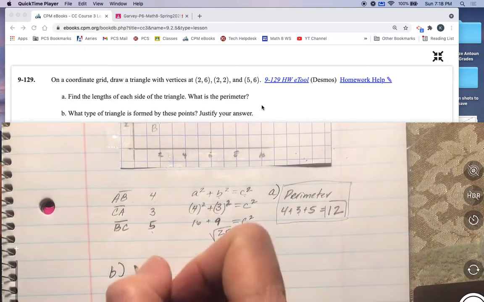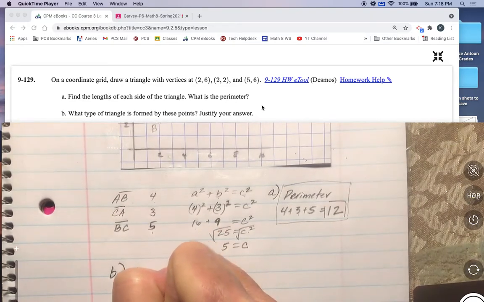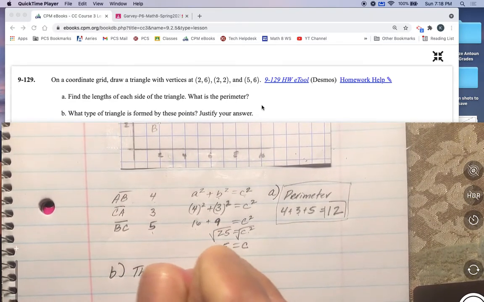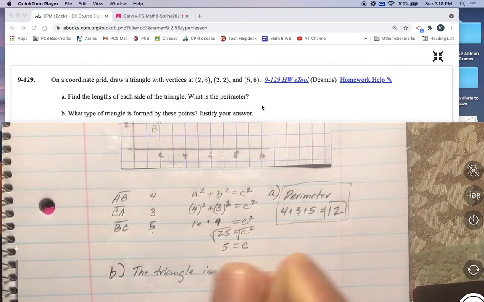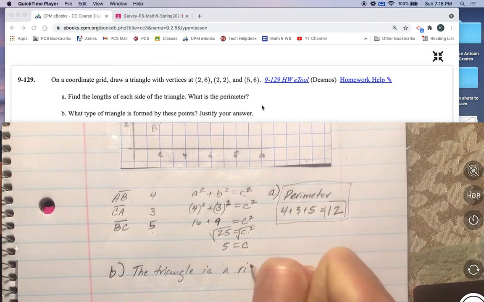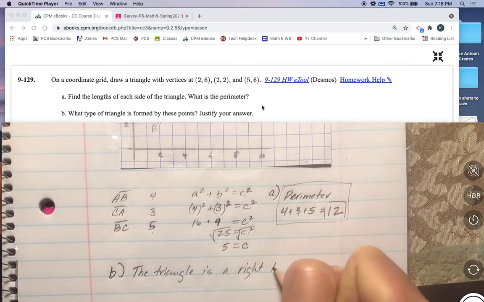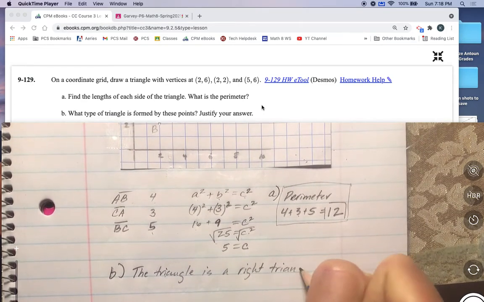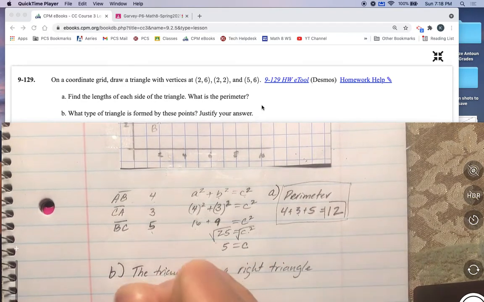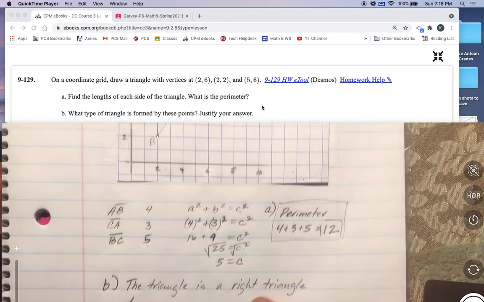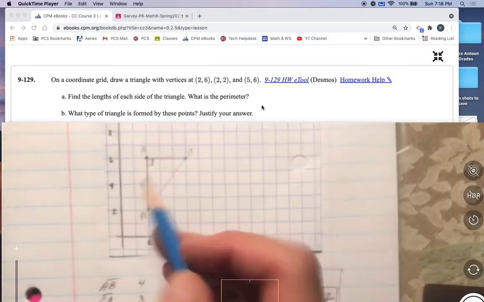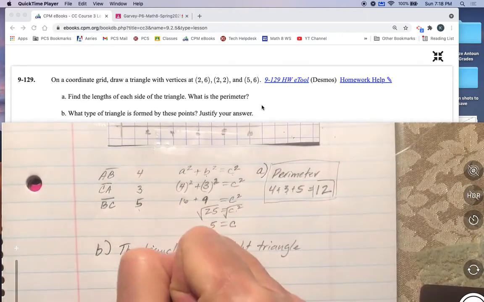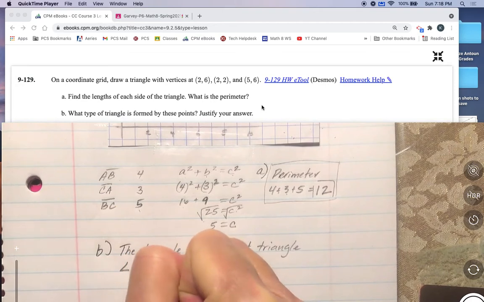So the triangle is a right triangle. And that's because angle, and let's go back up and see what this angle CAB is.